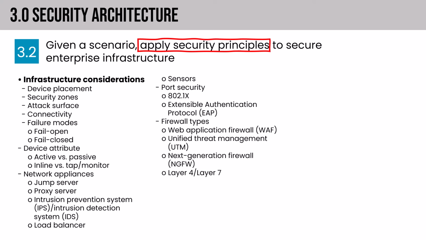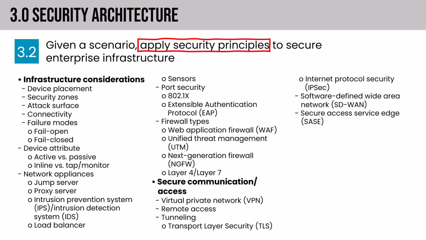We'll then move into secure communication and secure remote access before wrapping up with selection of effective controls. So devices and techniques to secure our infrastructure, how to communicate with our environment securely, and finally how to pick the right control for a given scenario.